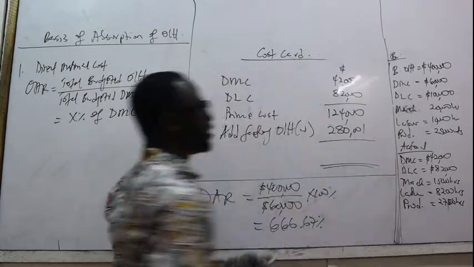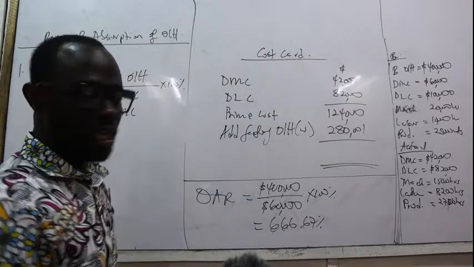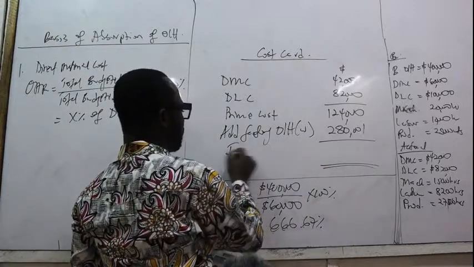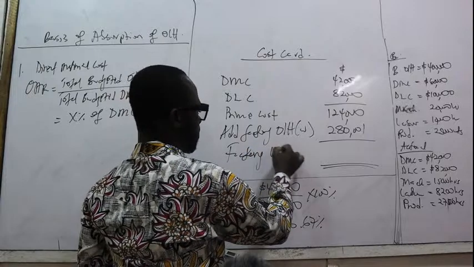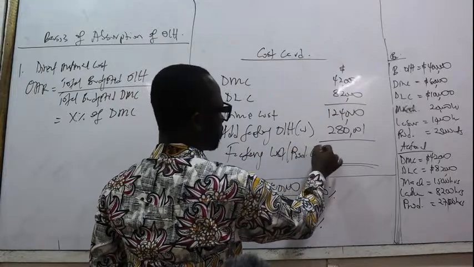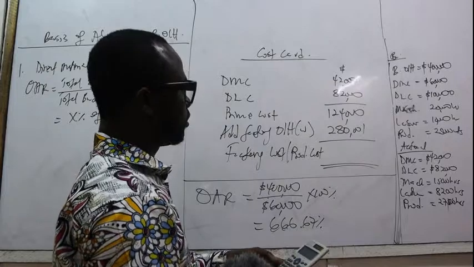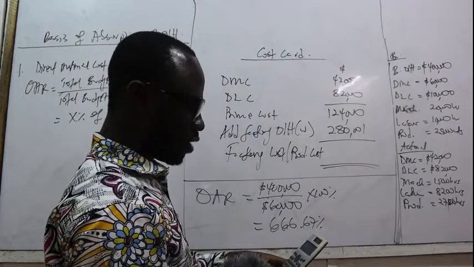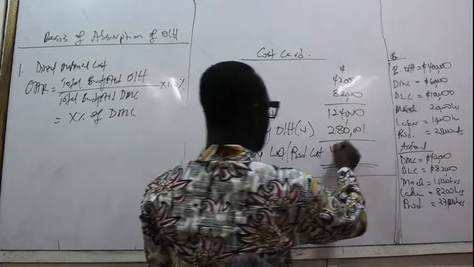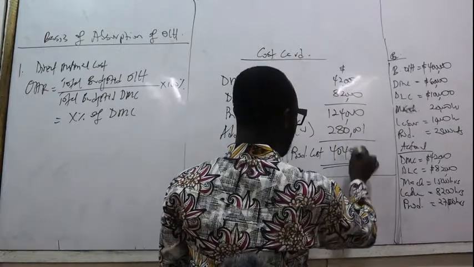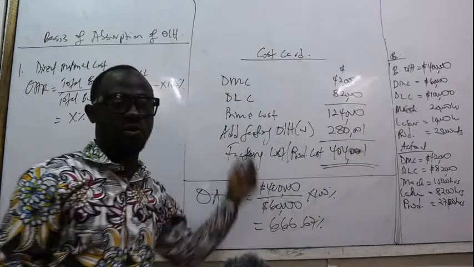That is the overhead. When you add it to the prime cost of 124,000, you get the factory cost or production cost, which is 404,001. That's what we mean.